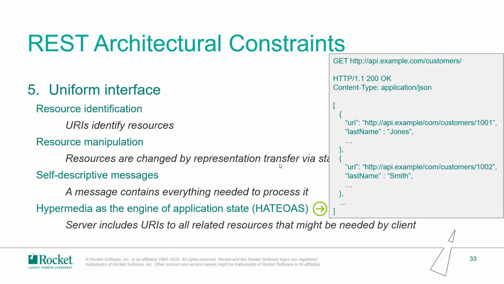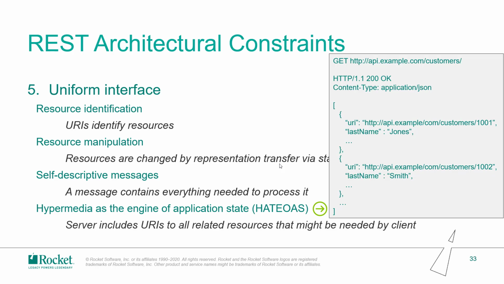And lastly, probably the most complicated of the tenets of the uniform interface is the hypermedia as the engine of application state. And what that's really saying is that when a server responds with a resource, the server should include in that response all of the sub-resources that a client may need to interact with.